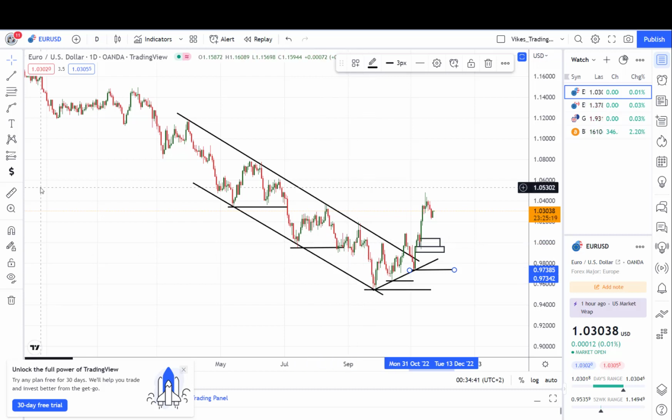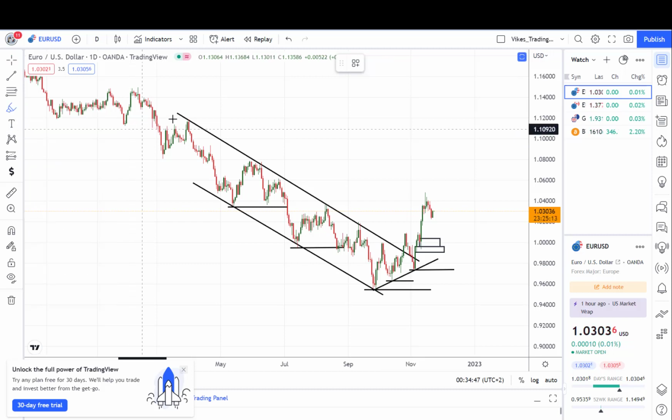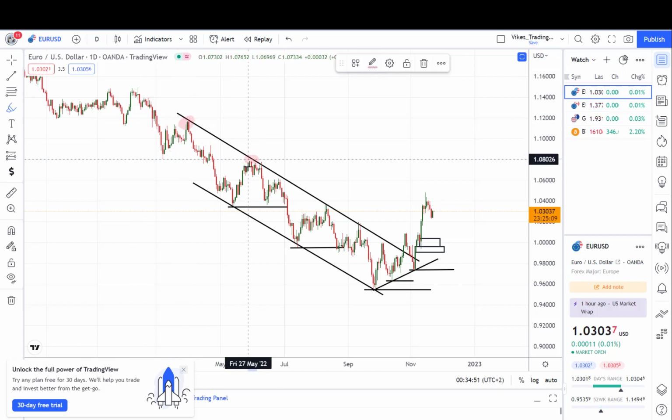Then let me use maybe a highlighter to differentiate. Then you can see these are lower highs, these are lower highs, these are lower highs, these are lower highs, then these are higher highs.